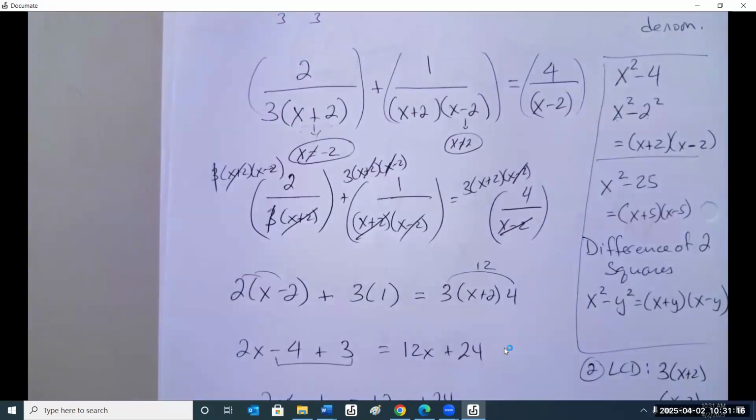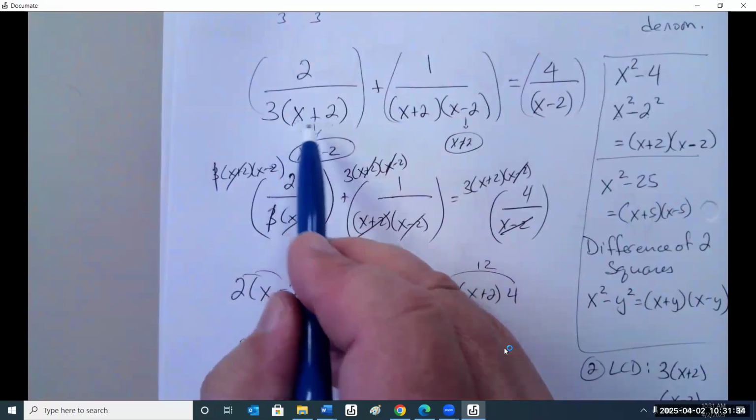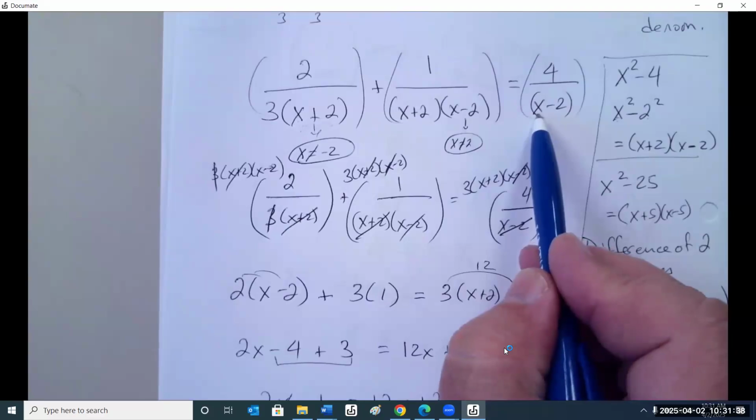Remember how we found the vertical asymptotes? We cannot have vertical asymptotes as answers. What are vertical asymptotes? It's where the bottom is equal to 0. So if x is negative 2, the bottom equals 0. That's a vertical asymptote. When x is 2, it equals 0.